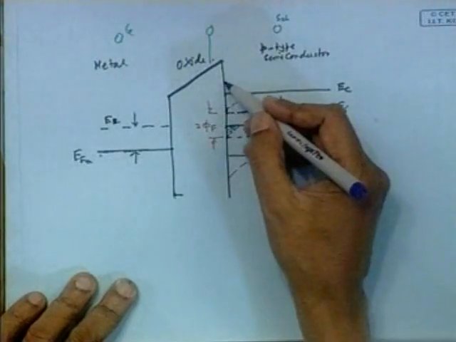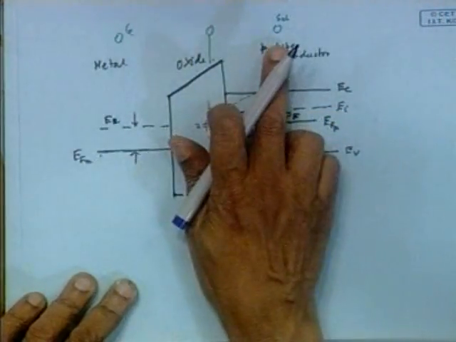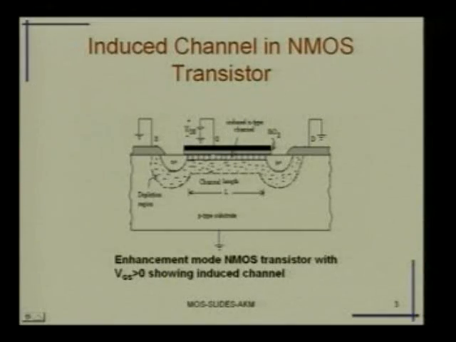If I apply VGS negative, I am pulling more and more holes towards the surface, and therefore there is no channel and the current will become 0. So from both the band diagram and an intuitive understanding of the physics of this device, you can see that the characteristics will depend on VGS. That is one thing you must clearly understand.